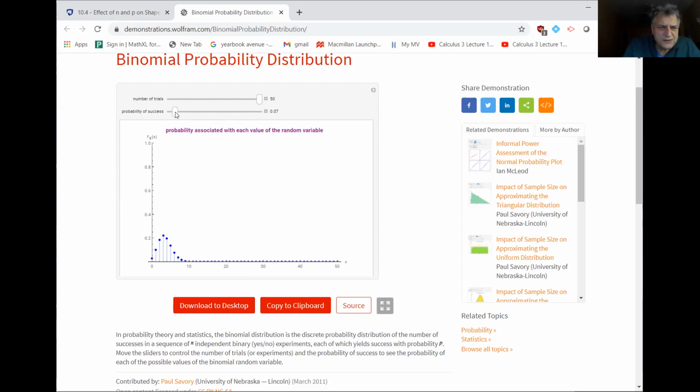Now let's see what happens if you make the p bigger. Look at that. Especially if p is close to 0.5, even if n is small, it looks approximately normal.